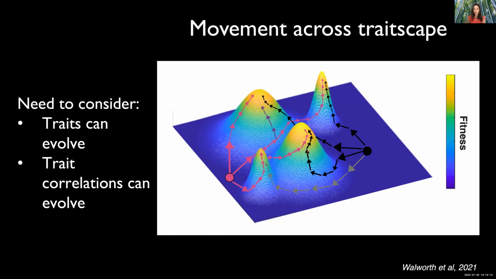So this framework would predict that the resulting phenotype that would evolve in a given environment is going to depend on where you start and your underlying genetic architecture or your trait correlations. Because if you start here in the black and you move this way, you're most likely to find this phenotype. Whereas if you move this way, you would be most likely to find this phenotype.